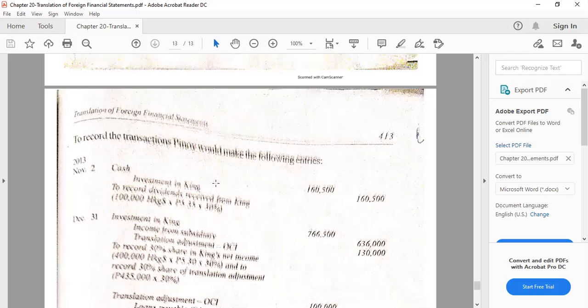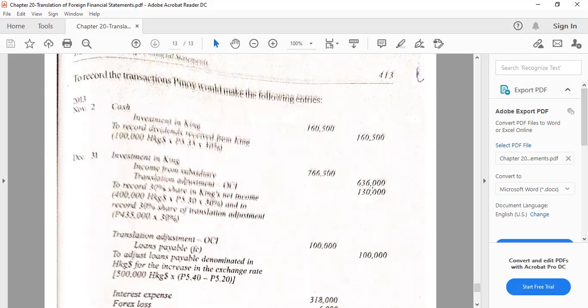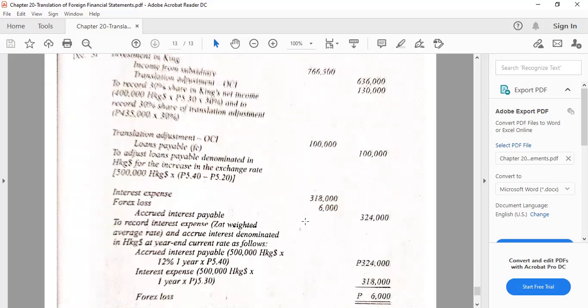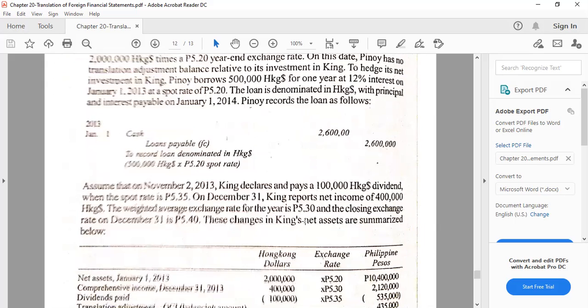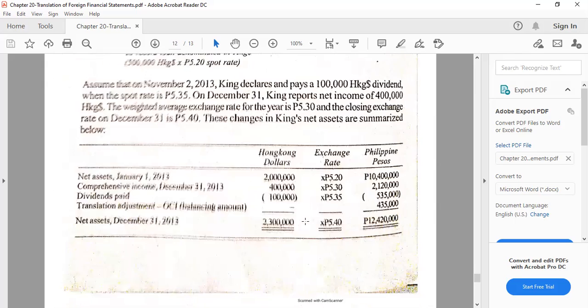While the translation adjustment is a credit balance, so it's also going to be on the credit. That's the share of the company, Pinoy Corporation, a Philippine company, from the associate, which is King Incorporated.